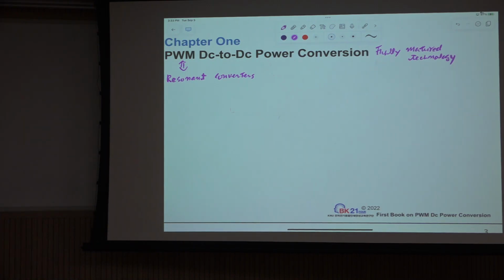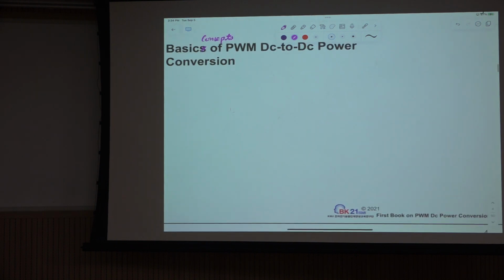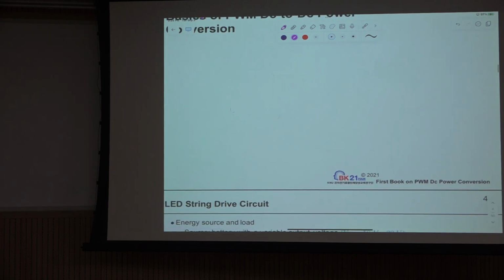So we are only discussing the known and concrete results of previous analysis, and these resonant converters are less matured. So we discuss the basic concepts of this power conversion.